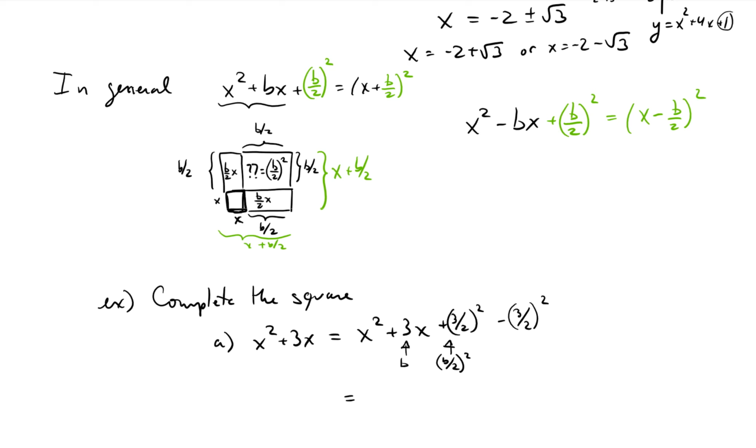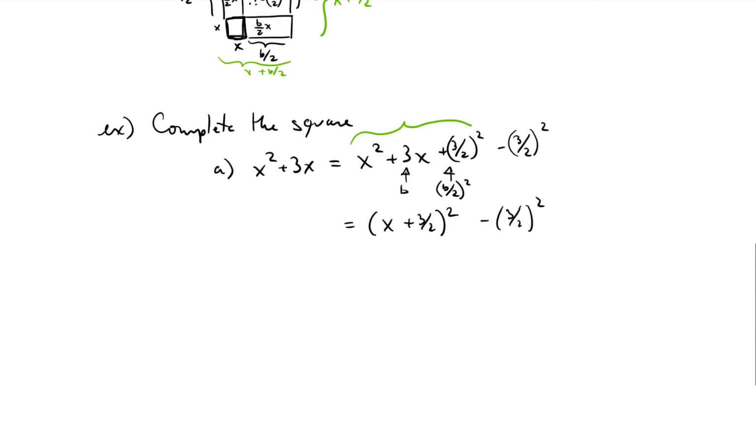But what I'm interested in is getting these terms written as a perfect square. So this is x plus 3/2 squared minus 3/2 squared, like that. Okay, so I've completed the square here. Oh, actually, you could expand the last term. I didn't do that, but obviously you can do that. You can write minus 9/4.